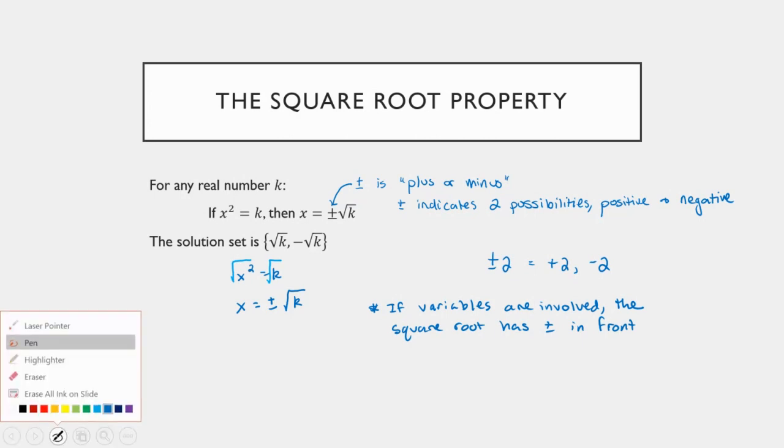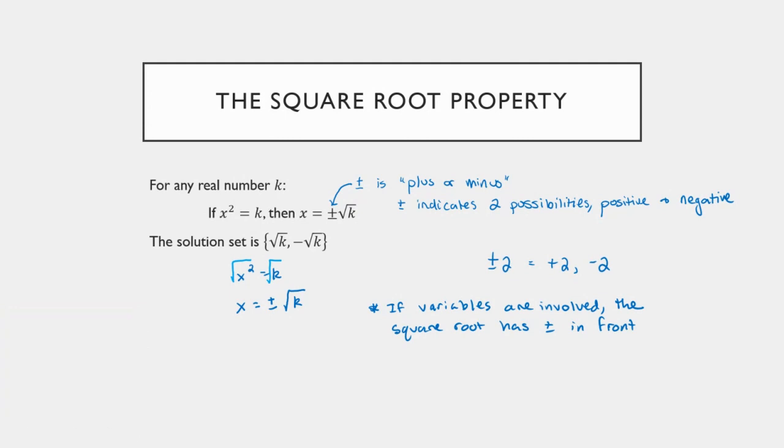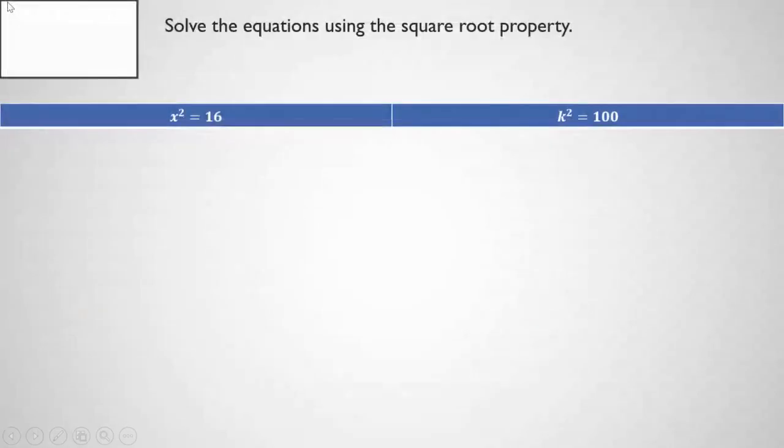So an example, let's see, we know that if you square 2, that gives you 4. But if you square negative 2, you also get 4. So if somebody was saying, okay, if I have some number x squared and that equals 4, the values that work for x can be 2 and negative 2.